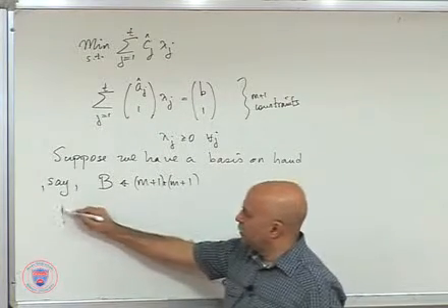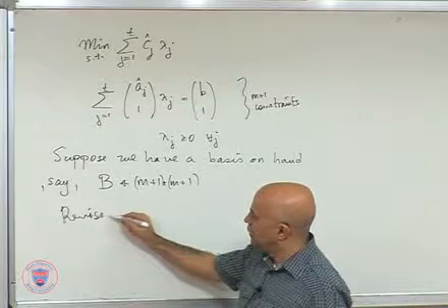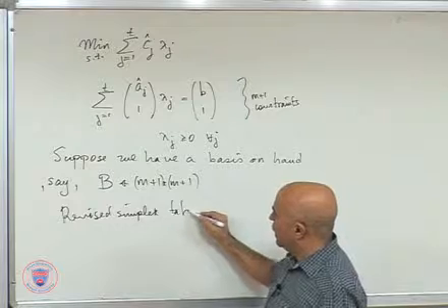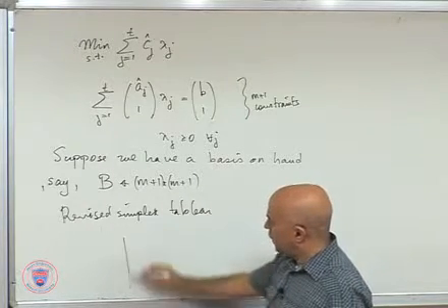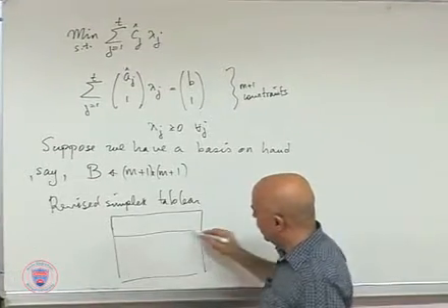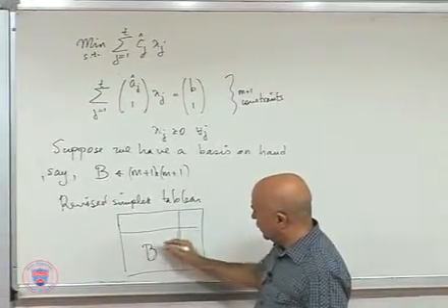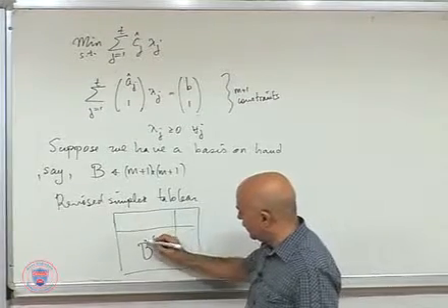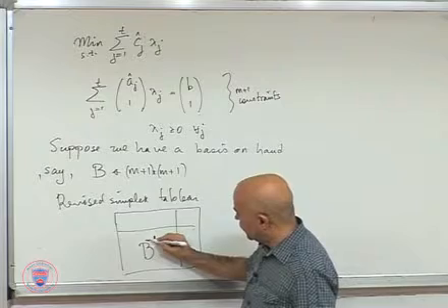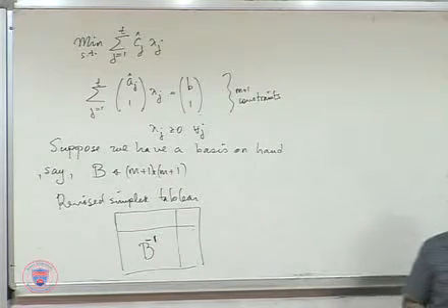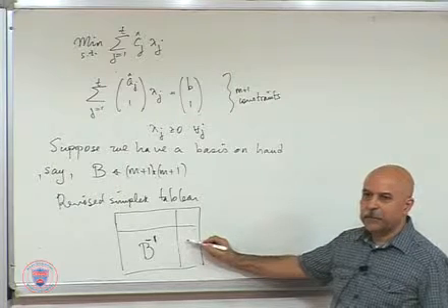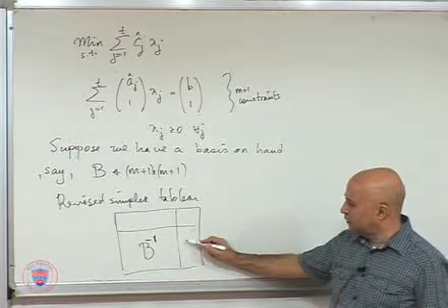Think of the revised simplex tableau. In the revised simplex tableau, we put the basis inverse here. So suppose you've got your basis inverse here. What am I supposed to have here? You have B inverse times the right side.